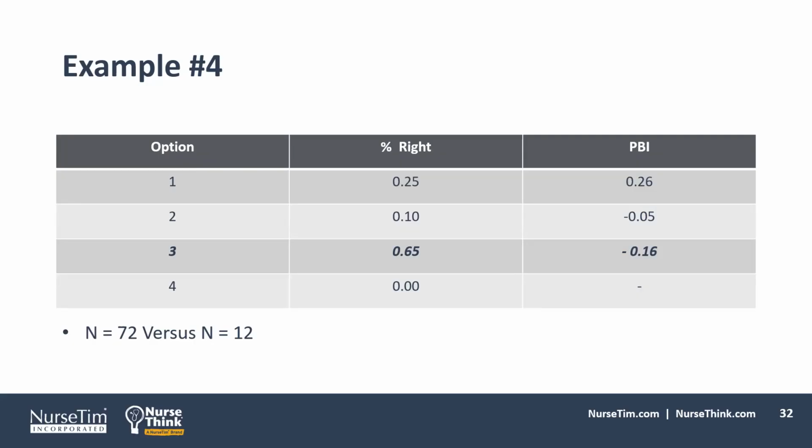Now, if I look at option number 1, my high performing students chose option number 1. I'd really want to analyze those distractors and say, what is it that made them make that decision? How should I adjust or change this? And consider how I'd handle it differently if there were 72 students taking versus 12 students taking this. I would be different in the way in which I'd analyze that question.